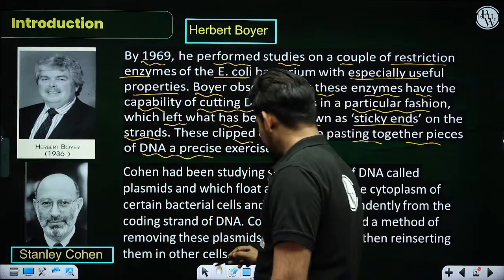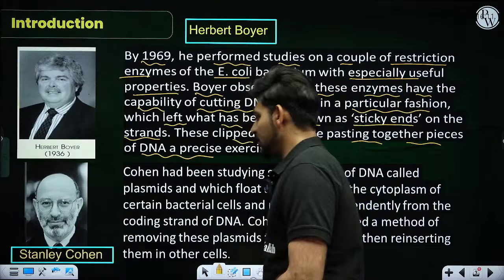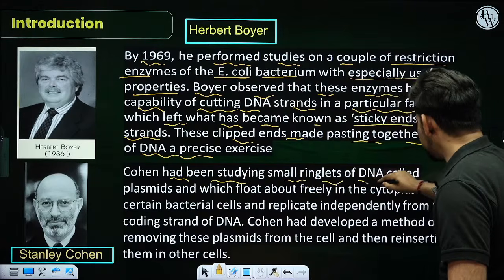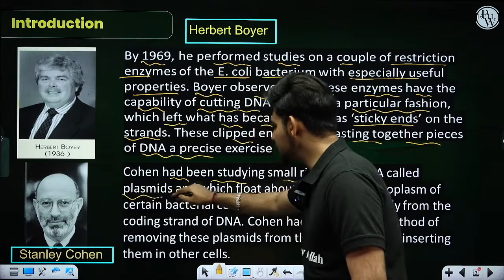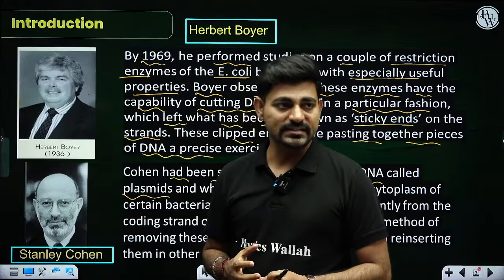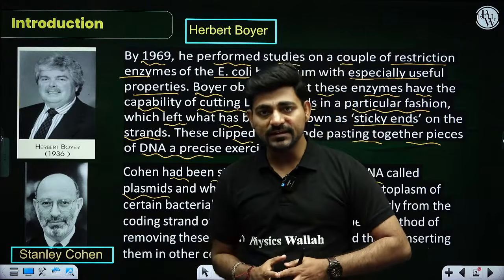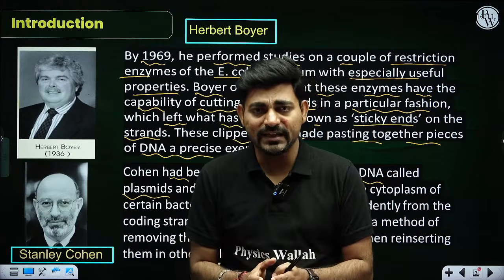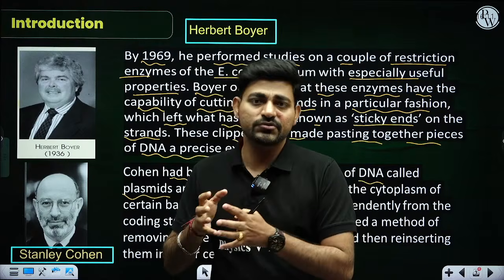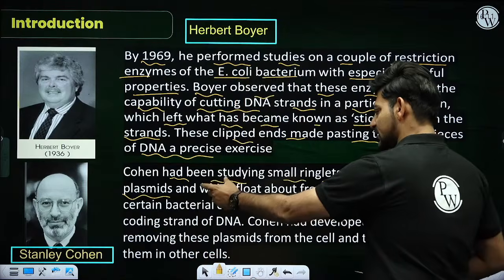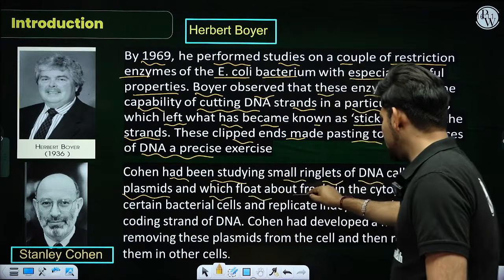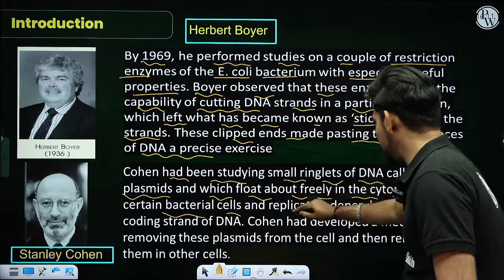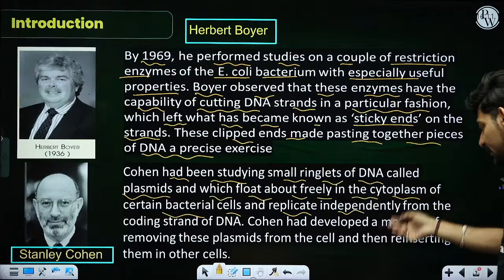Now, what is the contribution of Stanley Cohen? Cohen had been studying small ringlets of DNA called plasmids. Inside bacterial cells, you will find self-replicating double-stranded circular DNA which is extra-chromosomal in nature, and we call them plasmids, which float about freely in the cytoplasm of certain bacterial cells and replicate independently.